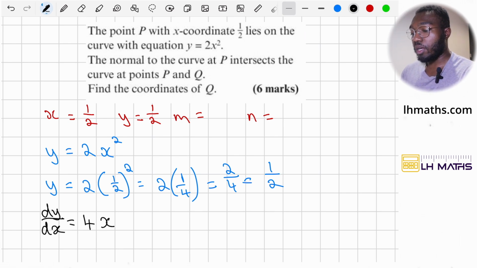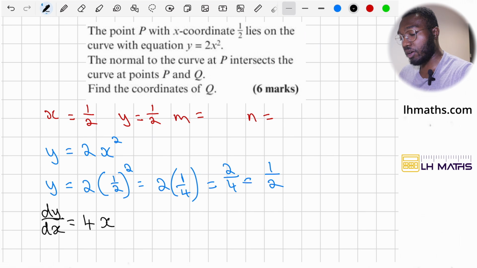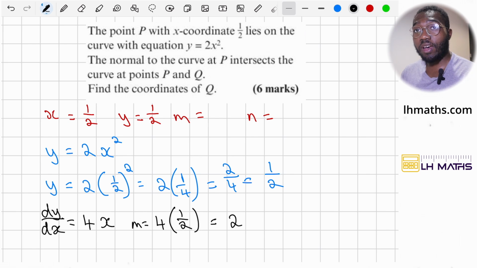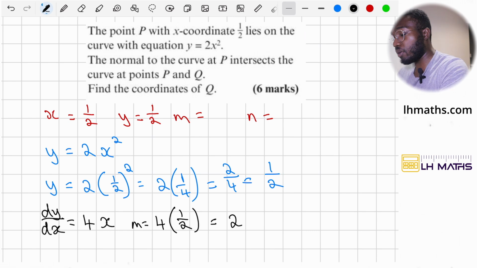So if y is 2x squared, dy over dx is 4x. Then we substitute in our x value to work out our m value. That will be 4 times a half, so our m value is 2. Our gradient is just 2.